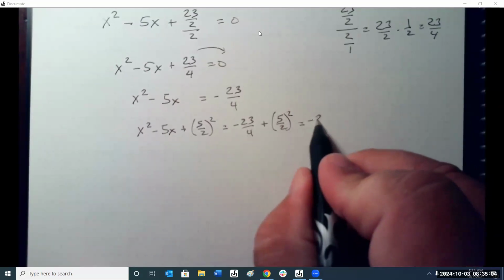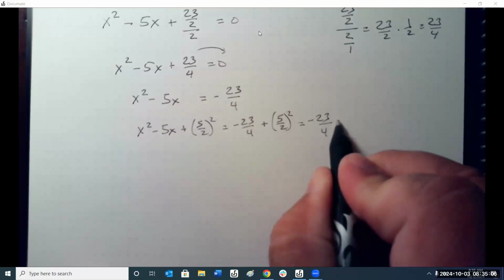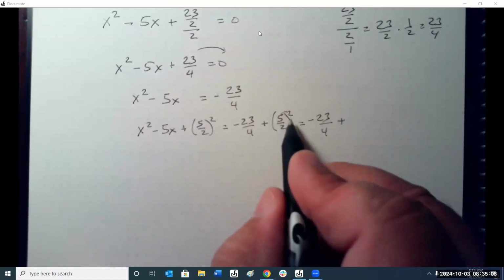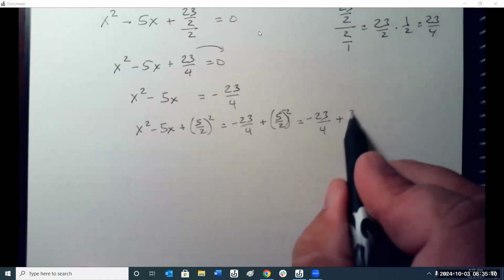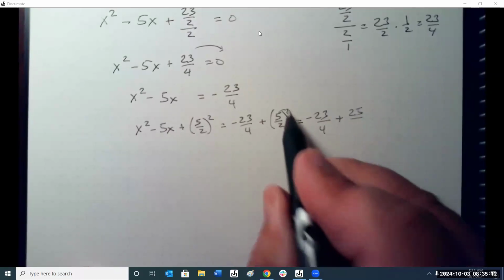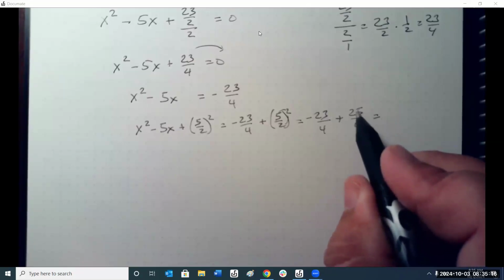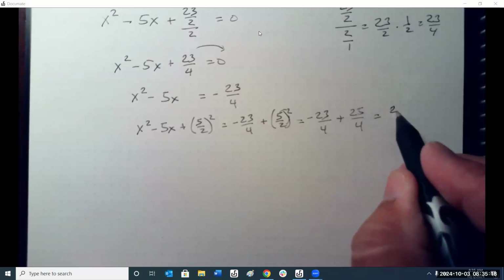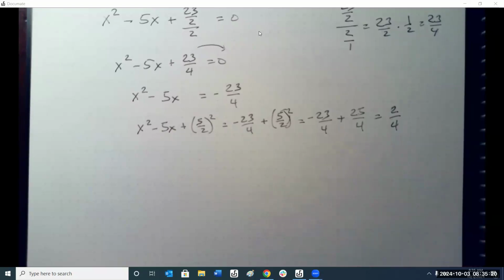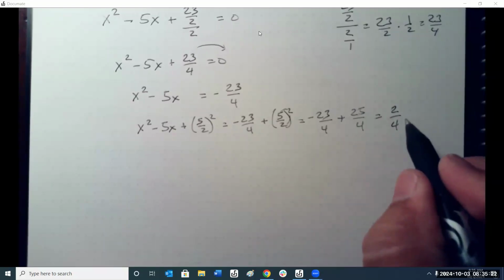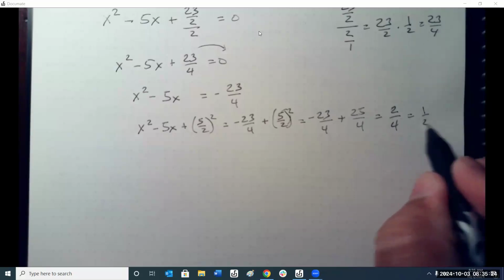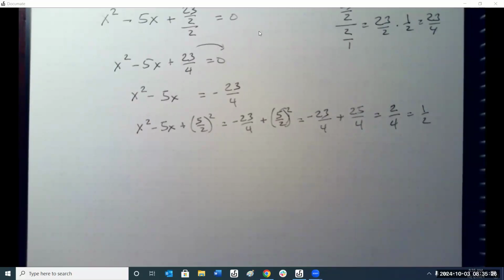So we have negative 23 over 4. Distribute that. So 5 squared is 25, 2 squared is 4. We have 25 minus 23 is 2 over 4. Makes it 1/2.